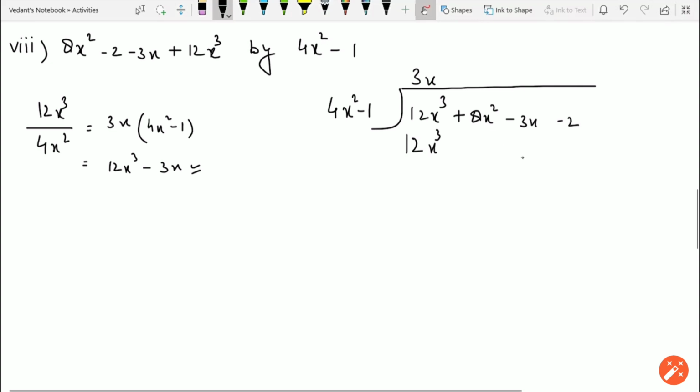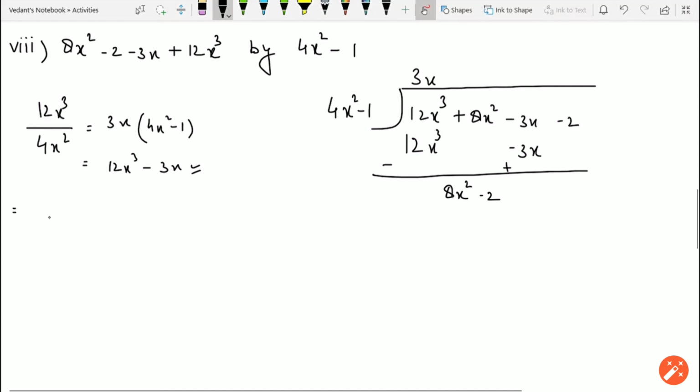So we write minus 3x below the like term. If there is, if not, then you can write anywhere. So we change the sign. 12x cube minus 12x cube cancel. Minus 3x plus 3x, it will also cancel. So we have left terms plus 8x square minus 2.